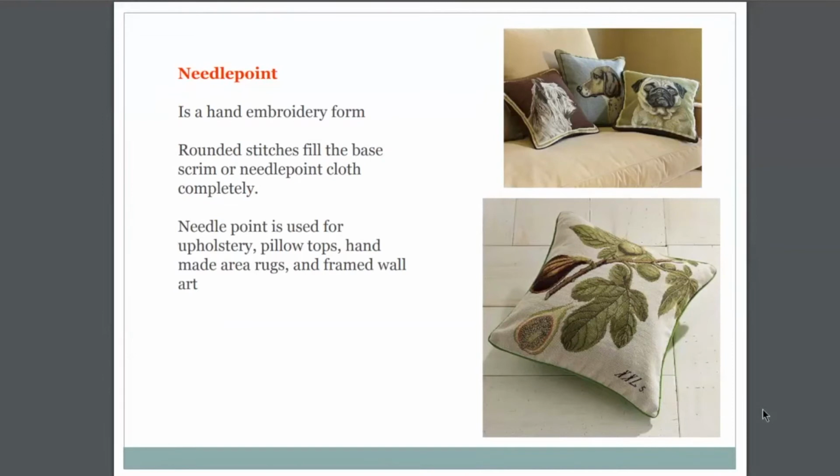So there's a base cloth or a scrim, which means a very fine base cloth. And then these rounded stitches are completed to the surface. Unlike traditional embroidery in the last slide, in needlepoint, typically the entire surface is covered.